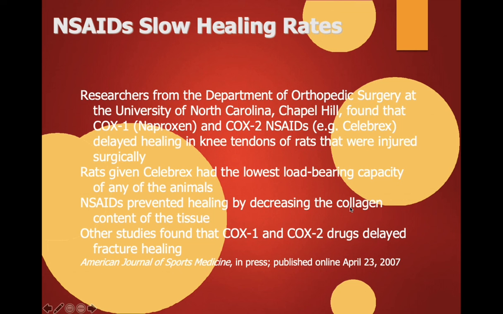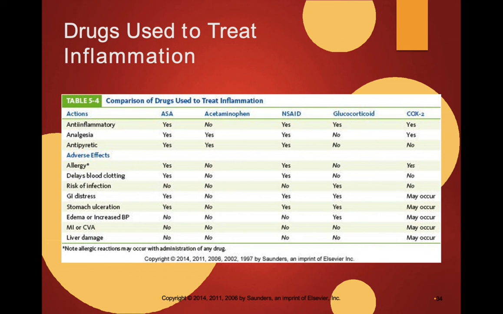Remember, collagen is a protein. One third of bone is collagen, also muscles, tendons, skin. Other studies found that COX-1 and COX-2 drugs delayed fracture healing. This was from the American Journal of Sports Medicine back in 2007. So have to be really, really careful. NSAIDs have their great benefit for pain management, but they can slow the rate of healing.